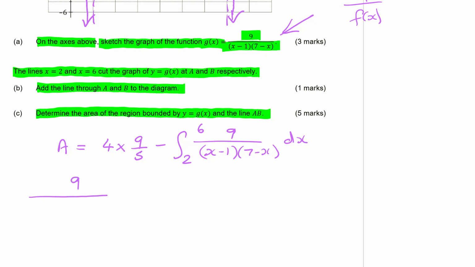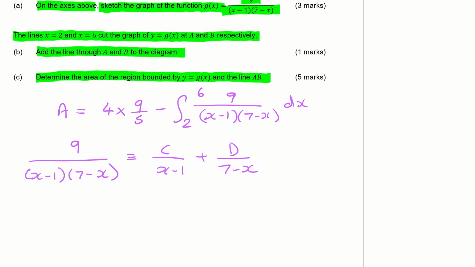So 9 over (x − 1)(7 − x) is a over x − 1 plus b over 7 − x. Actually, I've used a for area up there, so let's use c and d for these values. So if we clear the fractions, that's 9 is equal to d(x − 1) plus c(7 − x).